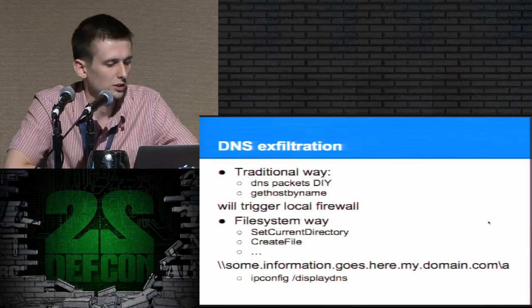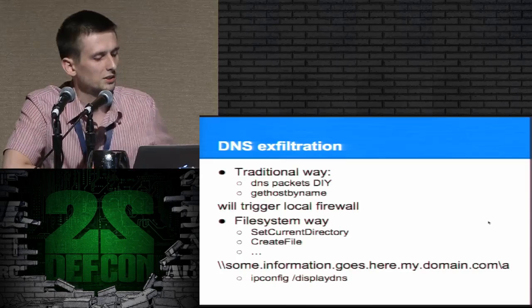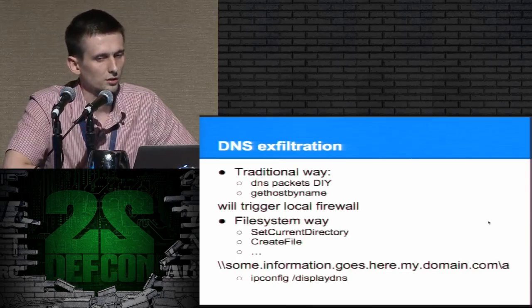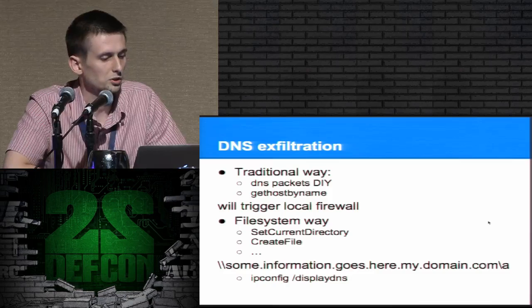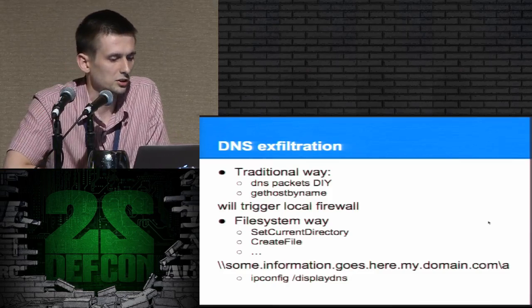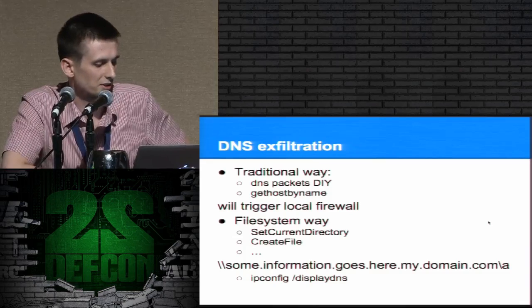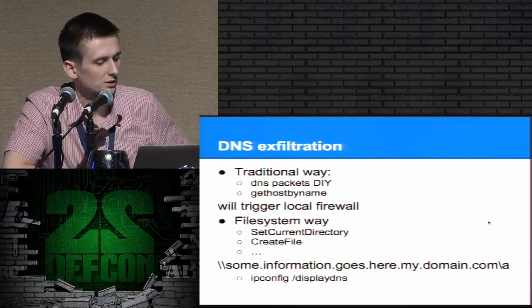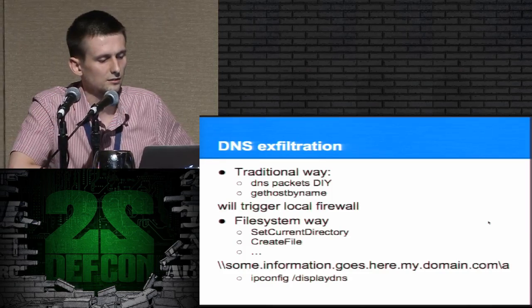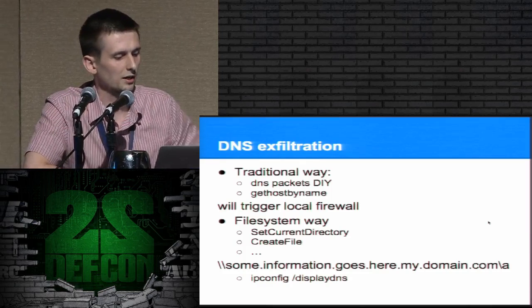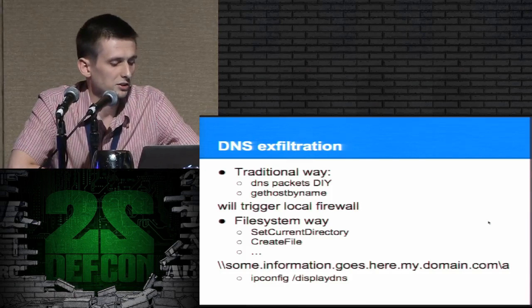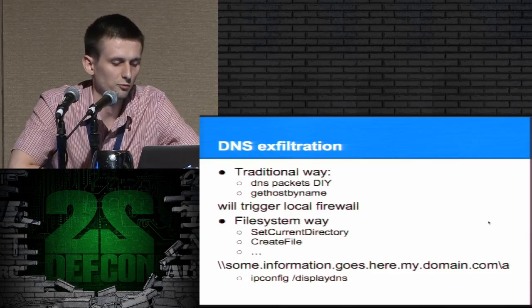If you would like to get some information back from a DNS server without using any network connections, you should use, for example, ipconfig /displaydns, and you will see that there are a lot of DNS replies cached by the DNS client for you, and you can extract data from there.